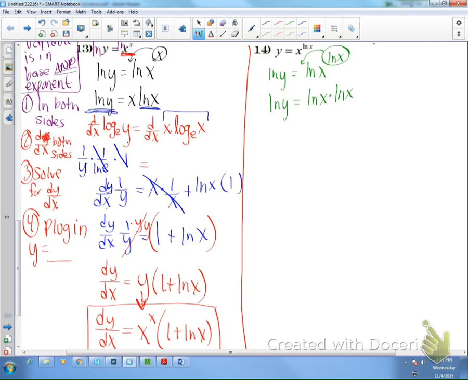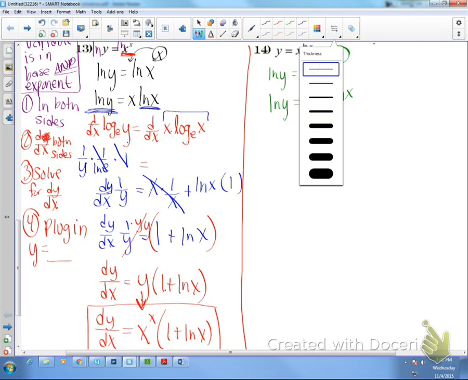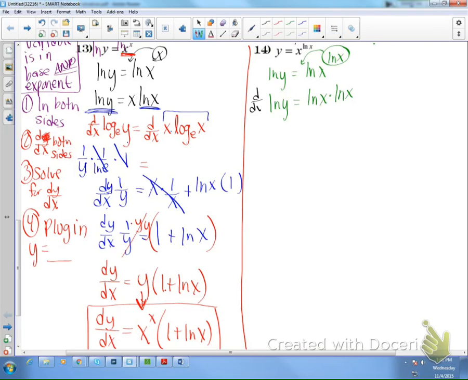Okay. Then what did we do? d dx both sides. That means take the derivative of both sides. So we're going to d dx this, and we're going to d dx this. Is there another way to write natural log x times natural log x? Isn't it natural log x squared? It's 2 natural log x.